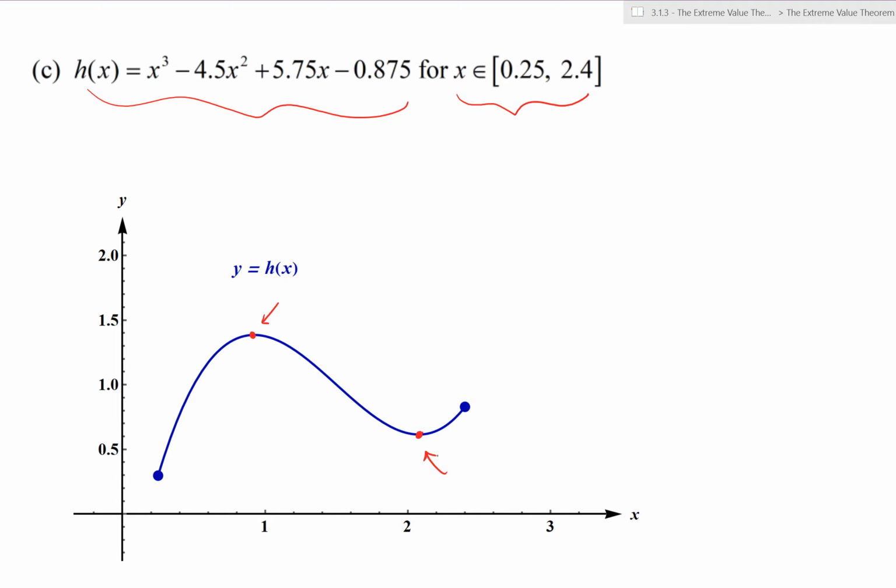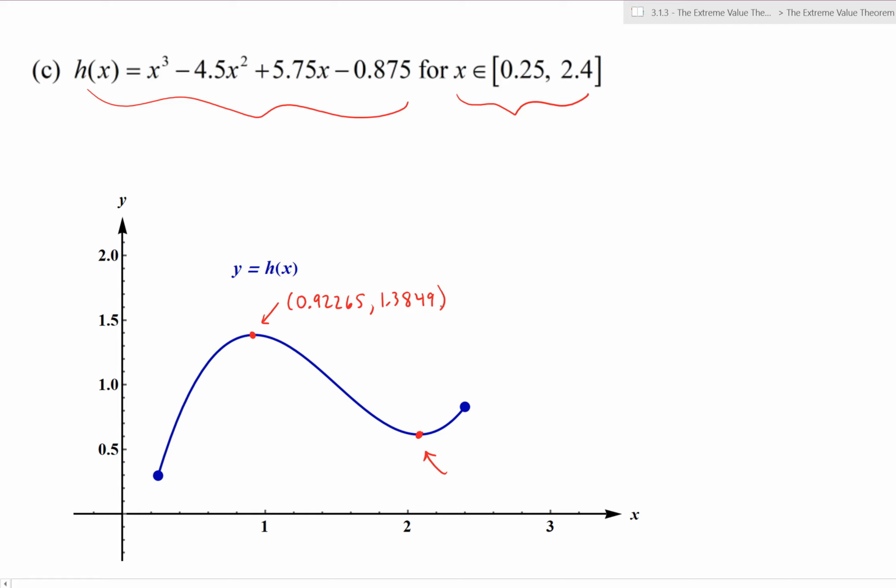It ends up that the local max over here, and you can verify this, is at the location approximately 0.92265, comma, 1.3849. Verified that ahead of time.